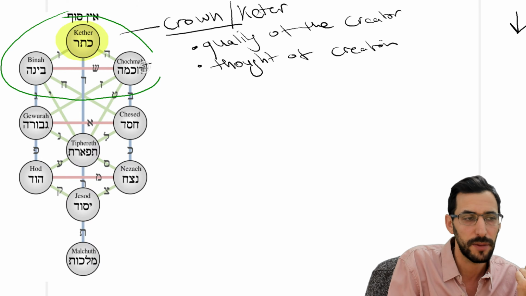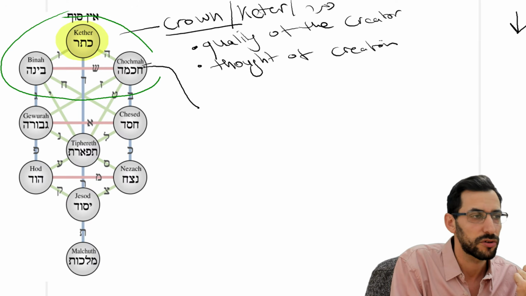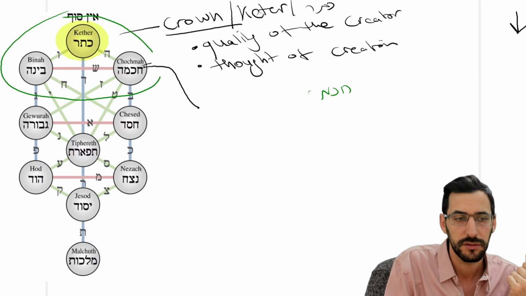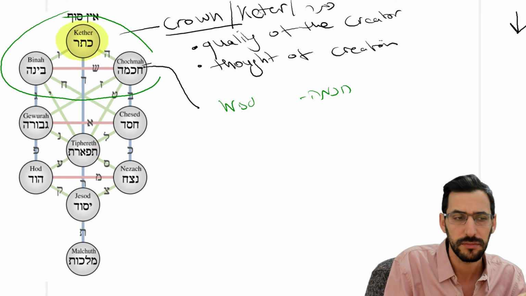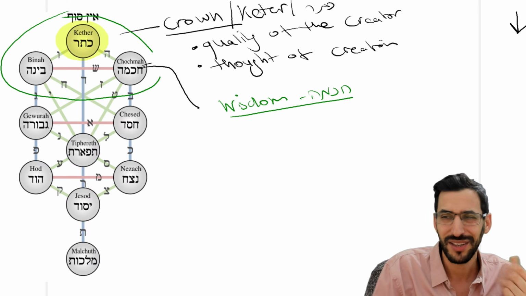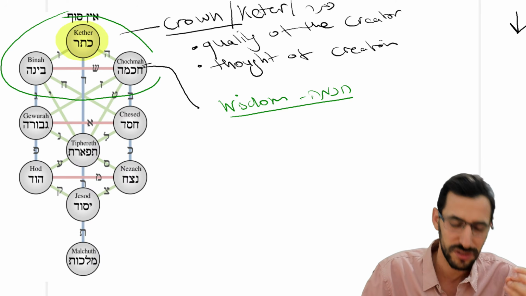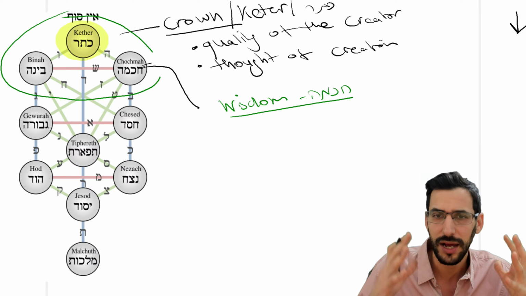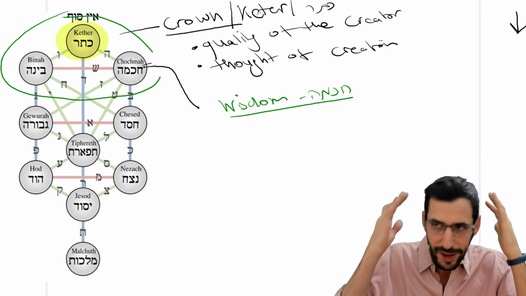Okay, so let's talk a little bit about Hochma. So this is Keter, and now let's talk about Hochma. Do it in green. Hochma literally means wisdom. I'm telling you the English translation for the words just so you get a bit of a grasp, although it's a mistake to imagine Keter as a crown.